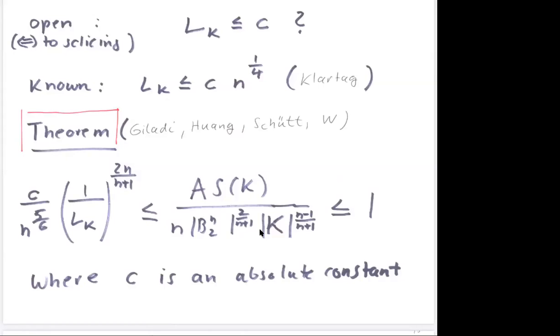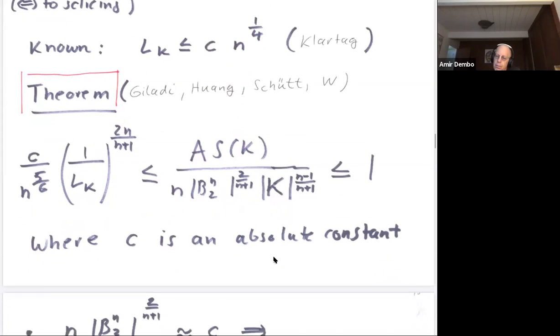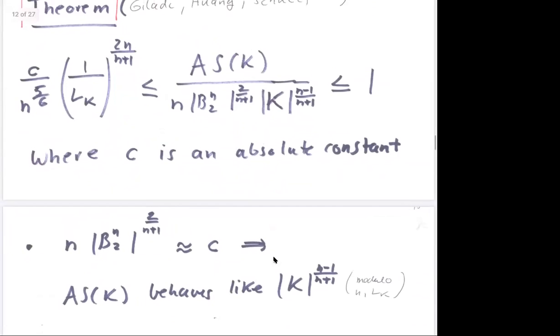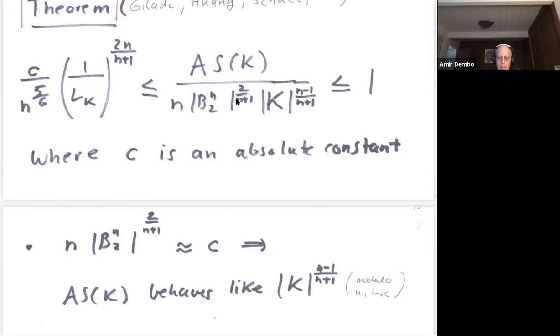And let's have a closer look at this quotient, to really understand the order of magnitude of what we are looking at. We have n times the volume of the Euclidean unit ball raised to this power. This is of the order of a constant, because the volume of the Euclidean unit ball raised to the power 2 over n plus 1 is just 1 over n modulo a constant. So that expression is just a constant.